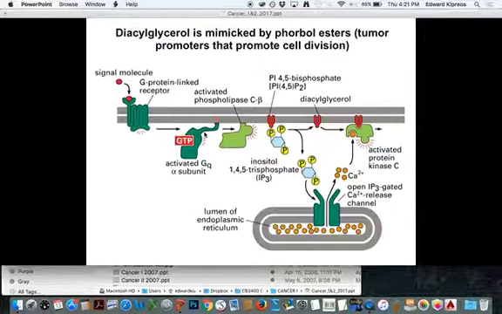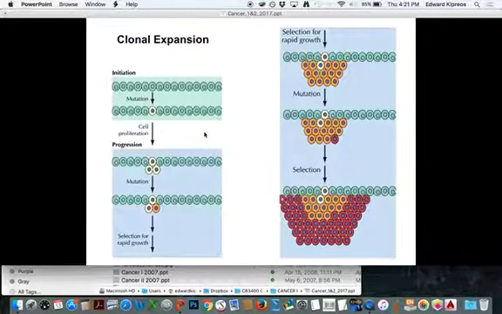Some of these things just look like other signaling components, and they make the cell divide. Like if you were to give it diacylglycerol all the time, it would divide too much too. This is just like an artificial diacylglycerol.